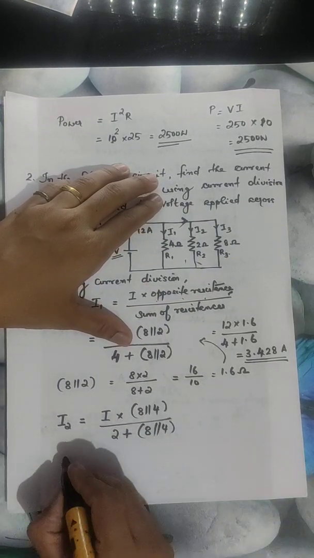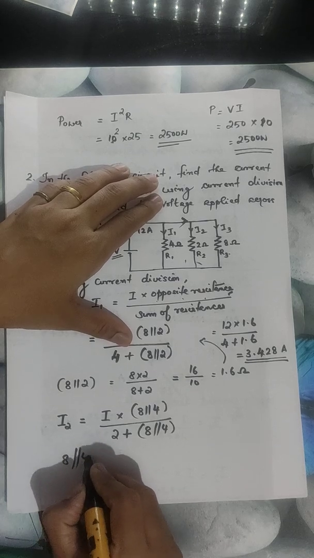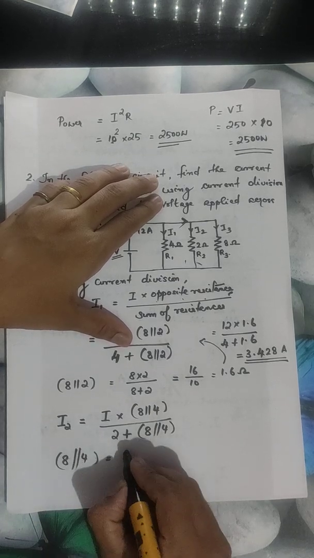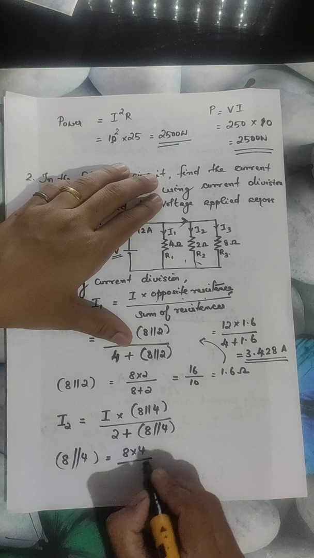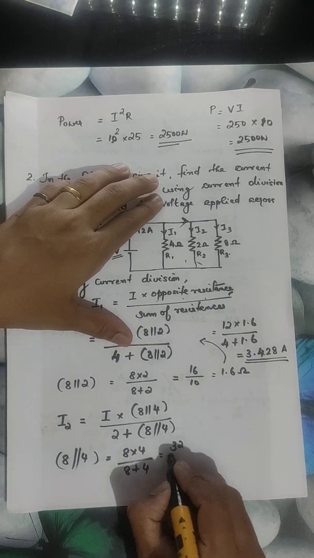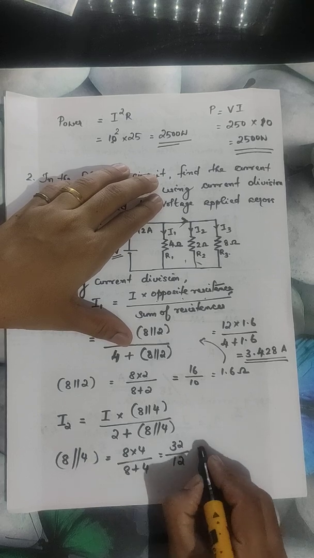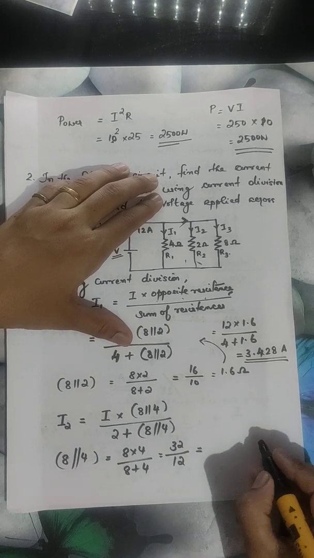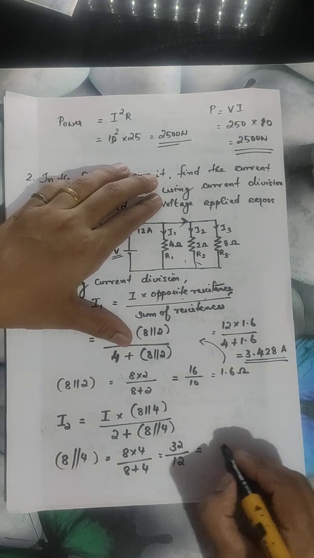Okay. Now equivalent of 8 parallel to 4 will be 8 into 4 divided by 8 plus 4. That is 32 divided by 12, and the answer will be 3.1667.